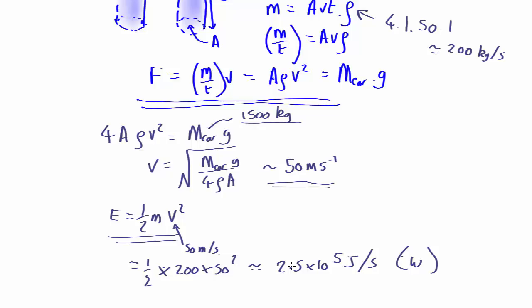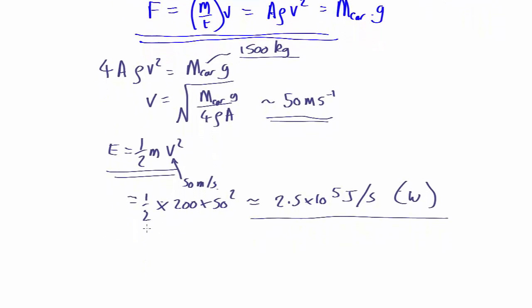So how much energy is it going to need if you're going all the way to Sydney? This is the power per unit second. So if you want to work out the total energy to stay in the air all the way to Sydney, we're going to have to multiply by the number of seconds. If we're going at of order 100 kilometers an hour, we're going to have to stay in the air for 3 hours. So the number of seconds is going to be 3 times 60 minutes in an hour times 60 seconds in a minute times this.